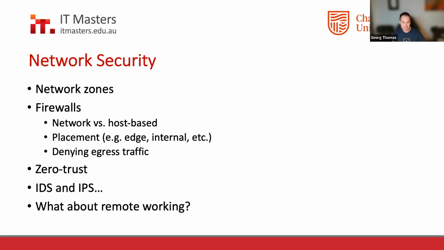There might be a wireless zone, and then you'll have potentially a server one. You may have another one for more sensitive workloads, things like that. They're typically separated on what they call virtual LANs or VLANs, and then there's usually some sort of access controls between them, so that they're firewalled off, or there's at least router rules to prevent traffic from going between those zones without following those rules.